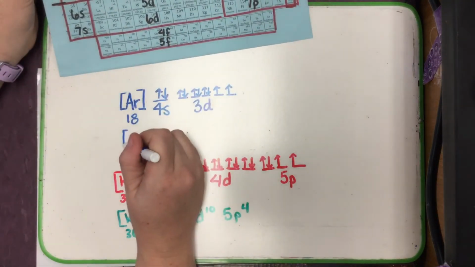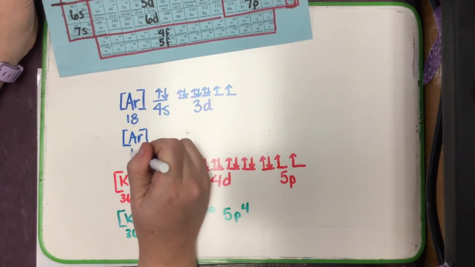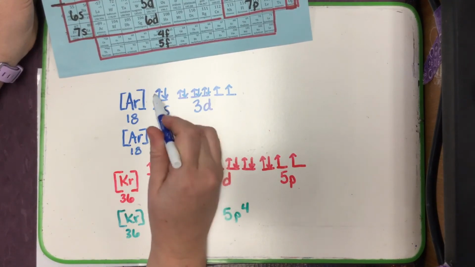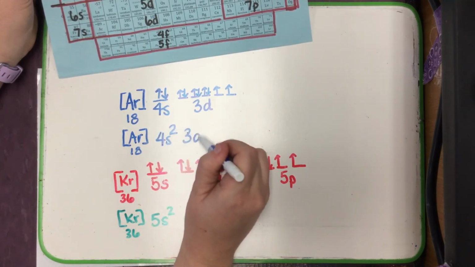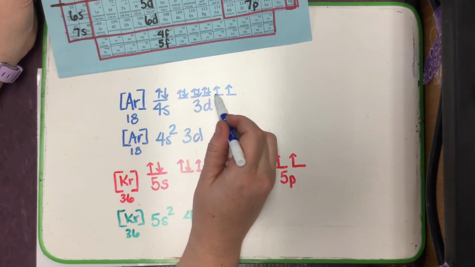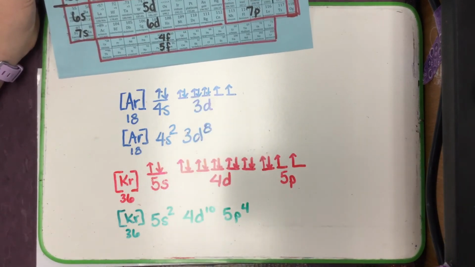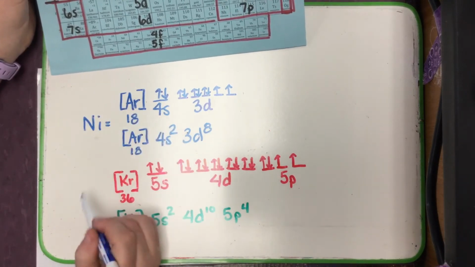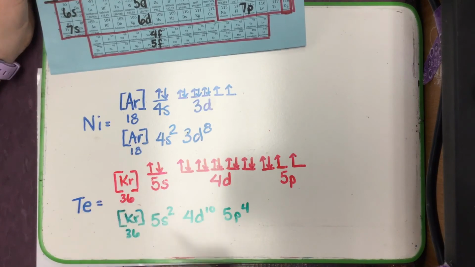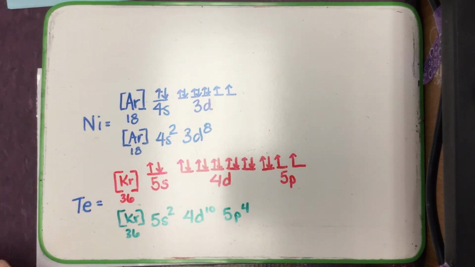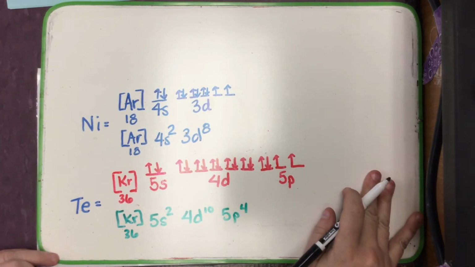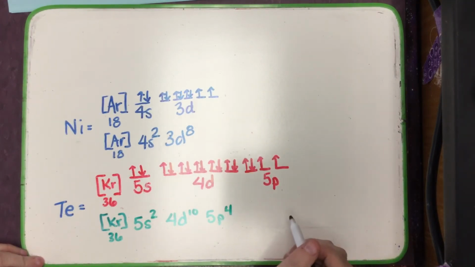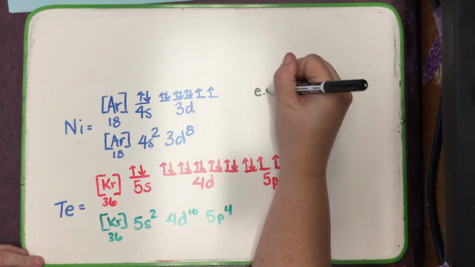I can very easily turn that into an electron configuration by replacing the arrows with exponents. 1, 2, 3, 4, 5, 6, 7, 8, which looks like this. So if I'm looking at nickel and I'm looking at tellurium, I still need to be able to determine the number of energy levels, subshells, and orbitals. And that does become a little bit more difficult when we're looking at these shorthand methods. So first, let's talk energy levels.